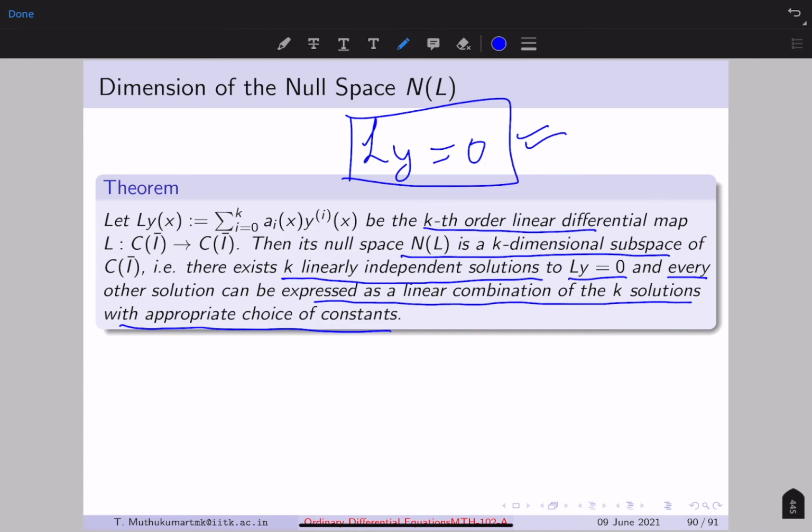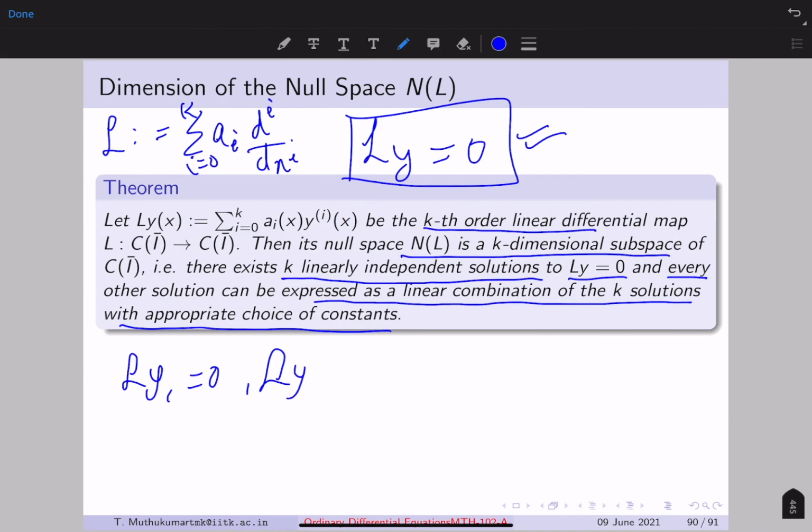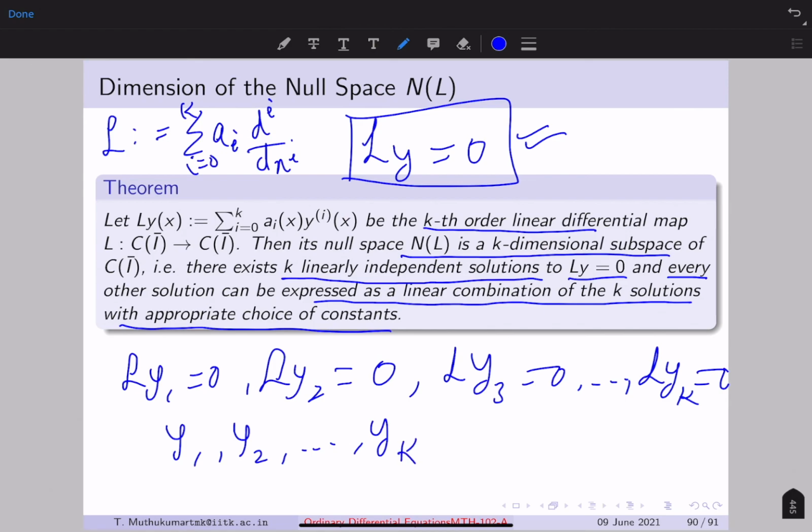So if L is a kth order differential operator, starting from 0 to k, and if you find y1 such that Ly1 is 0, if you find y2 such that Ly2 is 0, and so on, if you find k solutions y1, y2, up to yk such that this set is linearly independent, then that's enough.